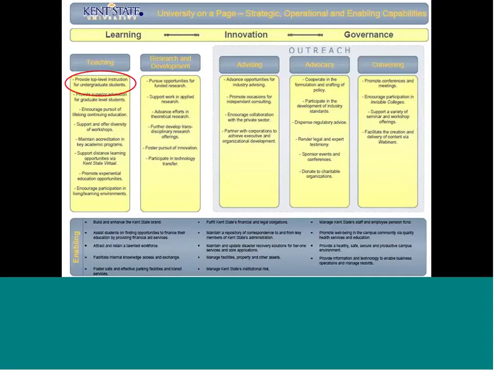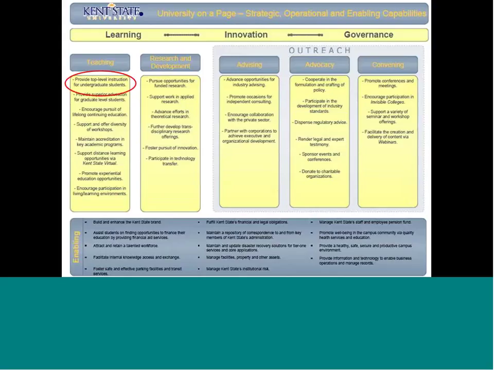We would expect to provide superior education for graduate level students. We would encourage the pursuit of lifelong continuing education, support and offer diversity of workshops, maintain accreditation in key academic programs, and so on. So each of these high-level operational capabilities can be broken down into capabilities that actually have resources assigned to them, including intellectual capital.